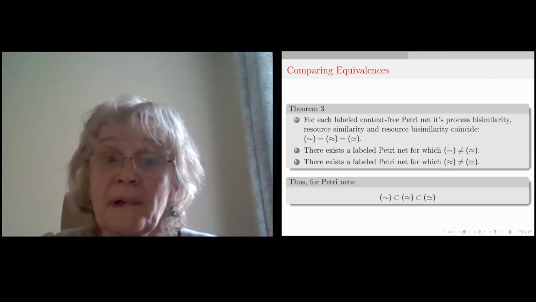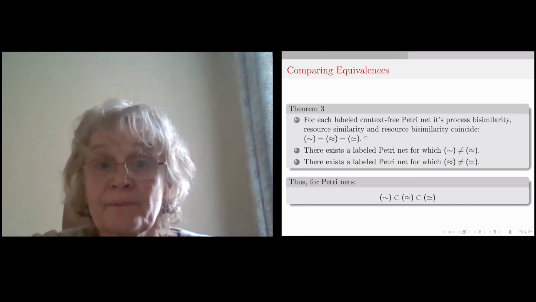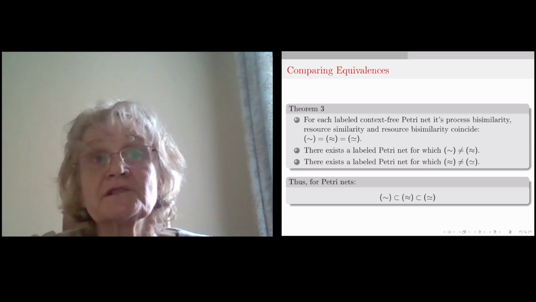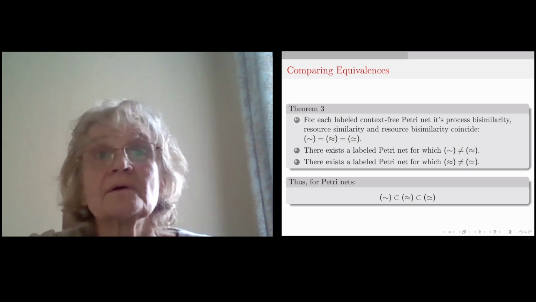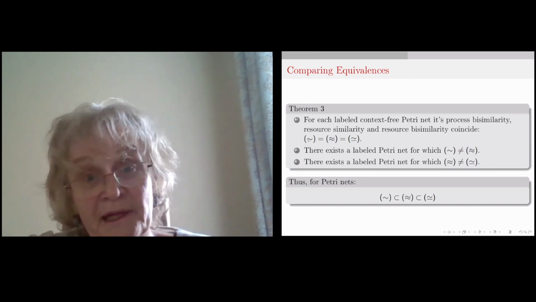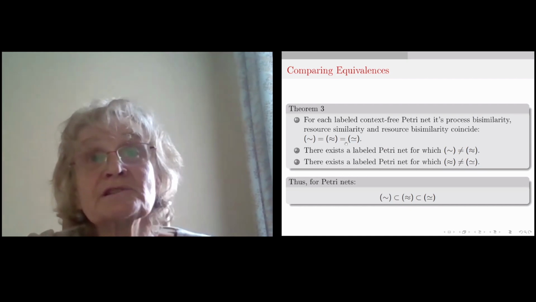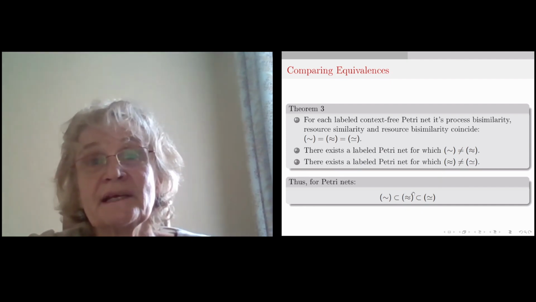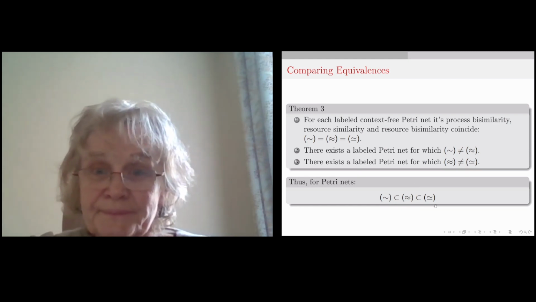So if we compare these three equivalences, marking bisimilarity, resource similarity, and resource bisimilarity, then they coincide for context-free Petri nets, and we have strict inclusion for classical Petri nets.